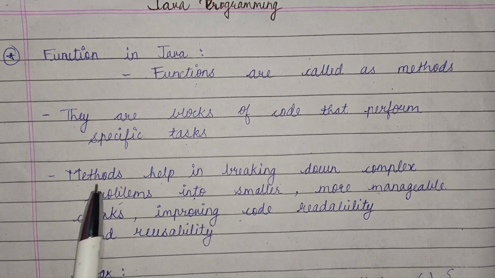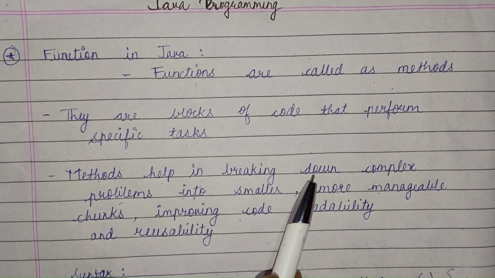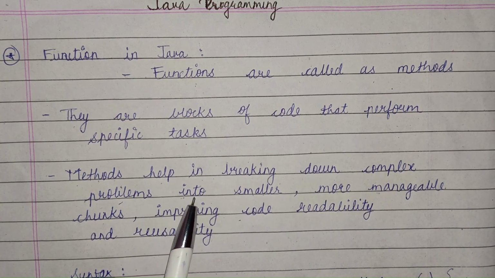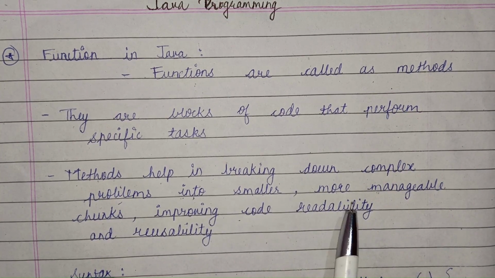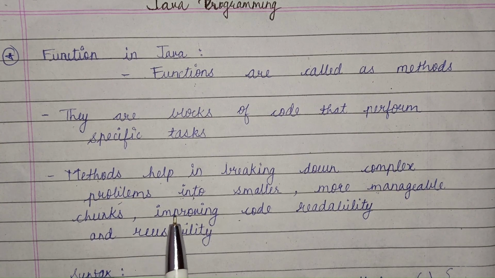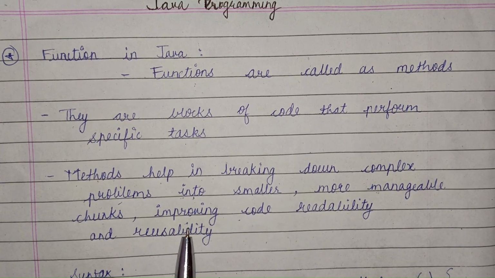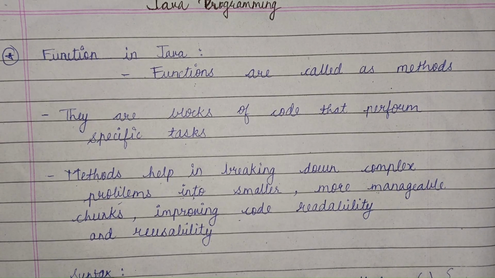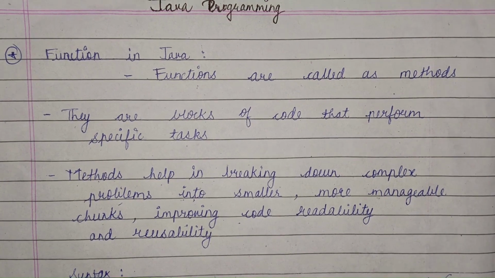Methods help in breaking down complex problems into smaller, more manageable chunks, improving code readability and reusability. Means the methods break down the complex code into an easier, human-understandable, or programmer-understandable format.